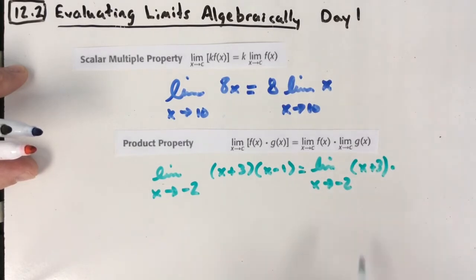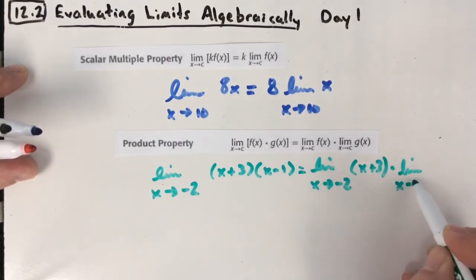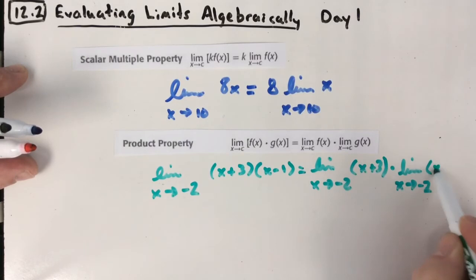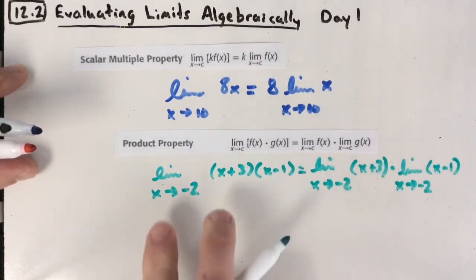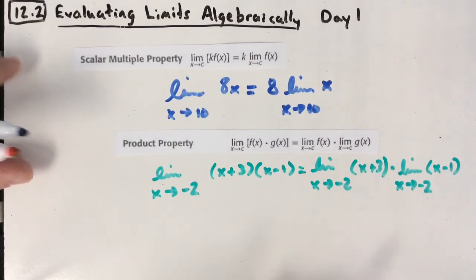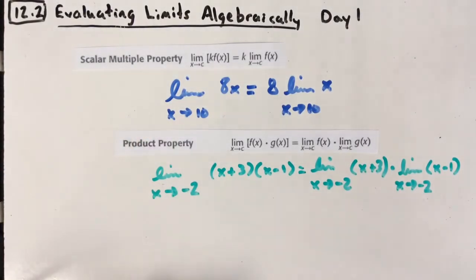And then that's going to be times a second limit, the limit as x approaches -2 again, of our second set of parentheses there. So one limit with two things being multiplied together, you can break that up into two separate limits. So that is a scalar and a product property.